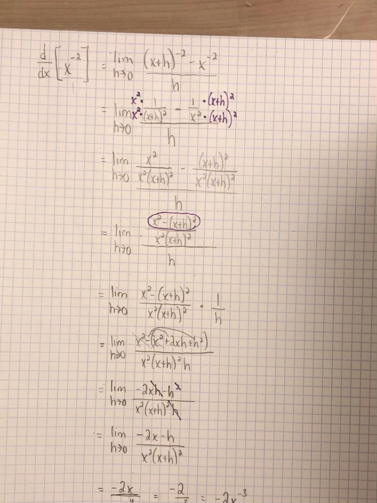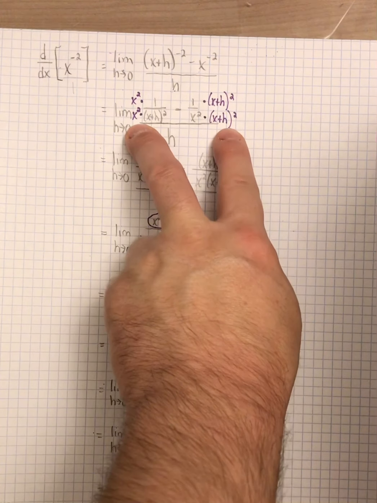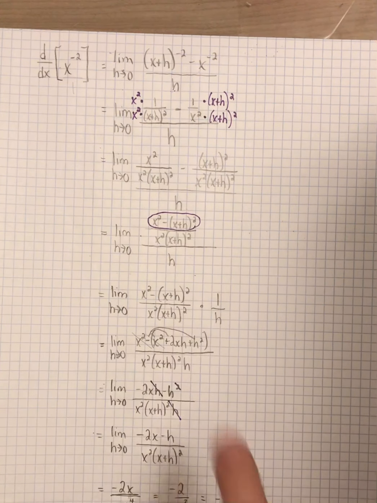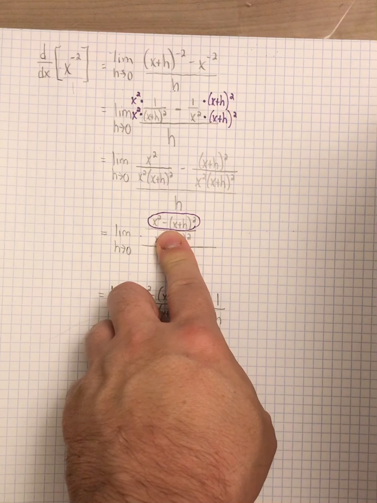I hope that what you can see here is that you would end up seeing a lot of the same things that happened in the derivative of x to the positive 3 would happen again in the derivative of x to the negative 3. A few extra considerations. Finding the common denominator. The subtraction is reversed.